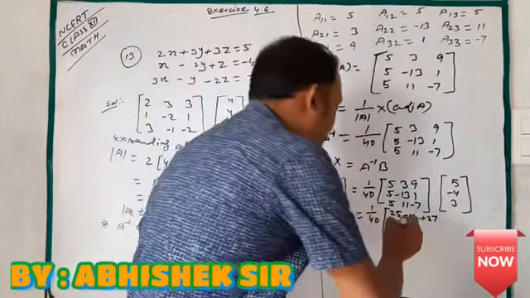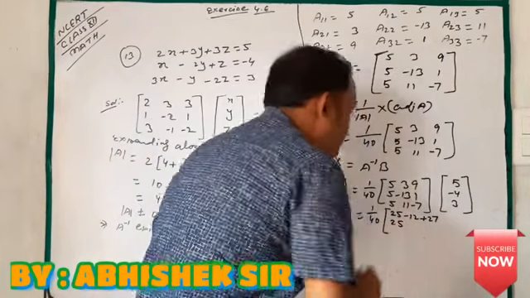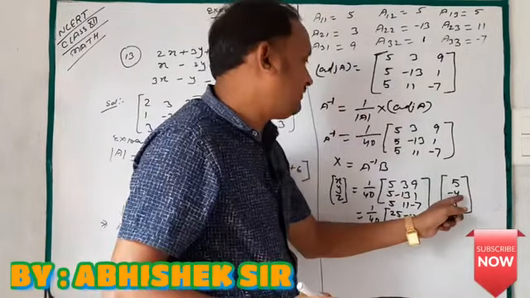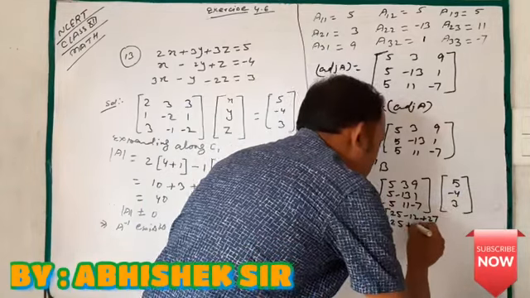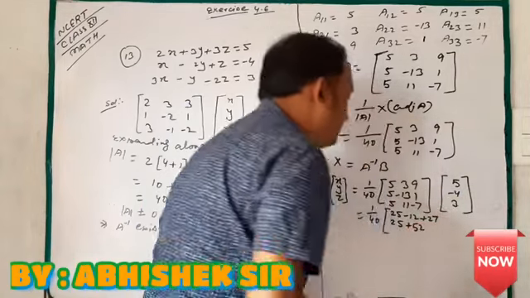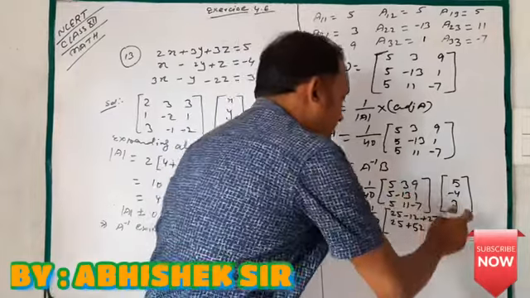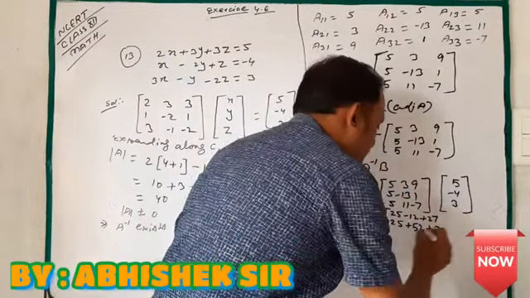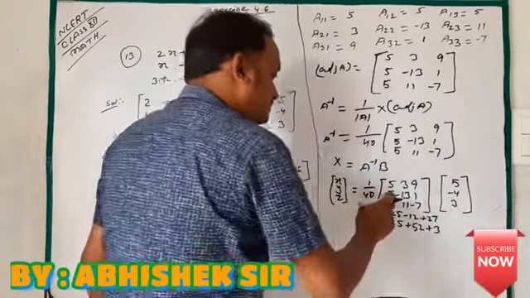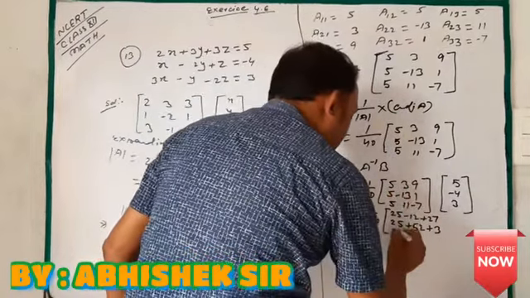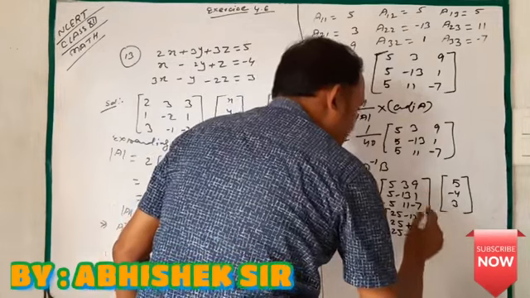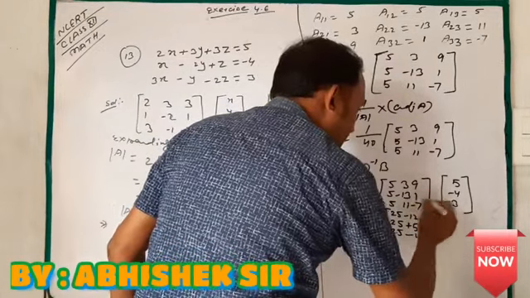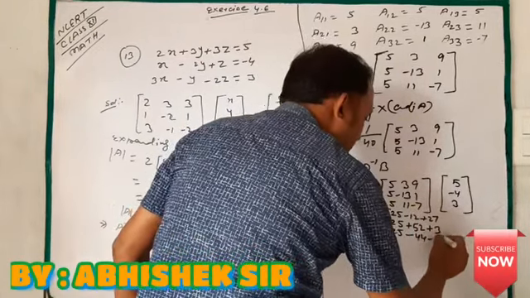Now 5 5 is 25, 13 4 is 52, minus minus plus, 3 1 is 3. 5 5 is 25, 11 4 is 44, minus 44, minus 21, 7 3 is 21.